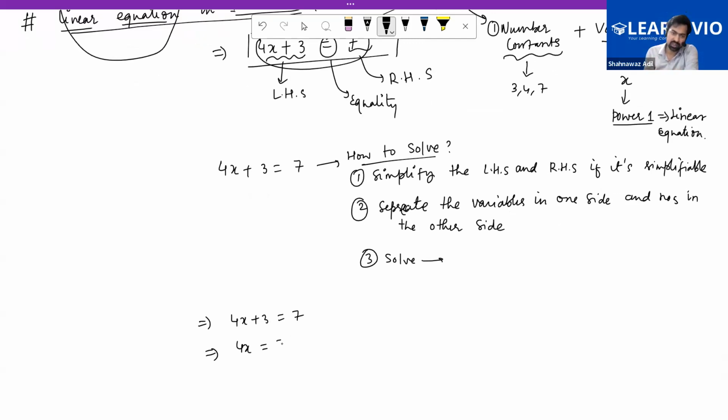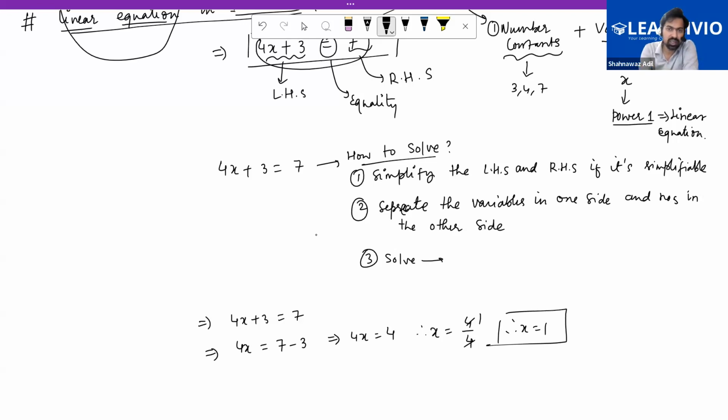So this would be 7 minus 3. So this would be 4x, and then this is 4. So x would be, and then this is in multiplication, so if it goes to the right hand side, it would be division. So x would be 1. This is how we solve this.